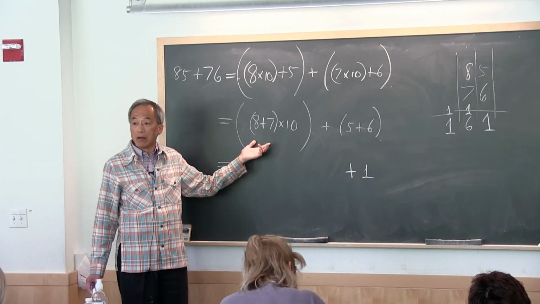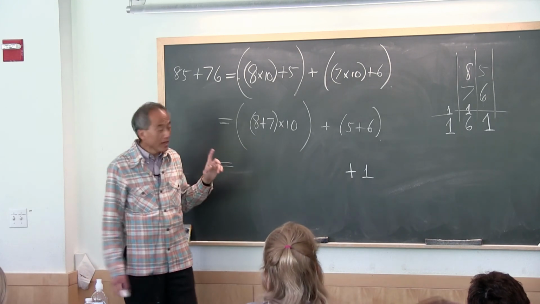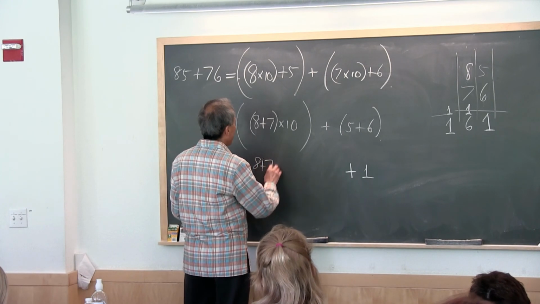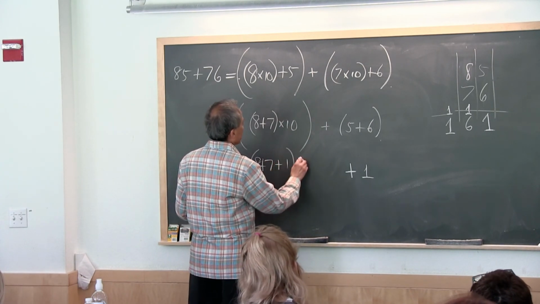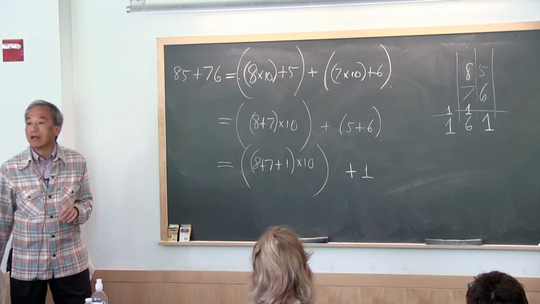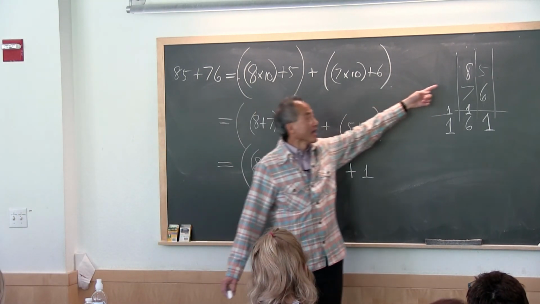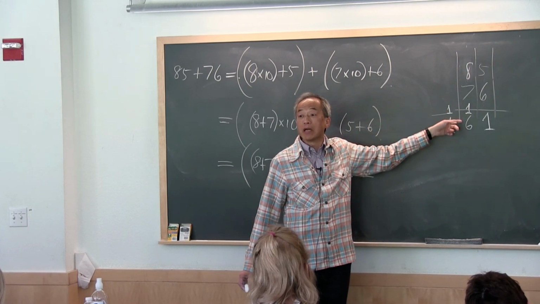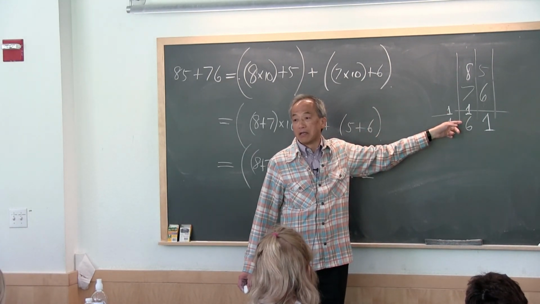That's 8 plus 8? No, not 8 plus 8, but it's 8 plus 7 plus 1. Why? Oh, okay. Because this is 1. Yeah. 8 plus 7 plus 1.